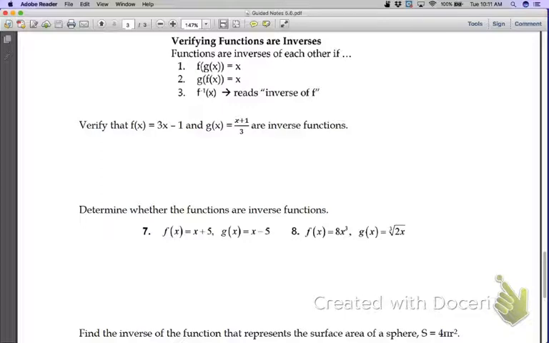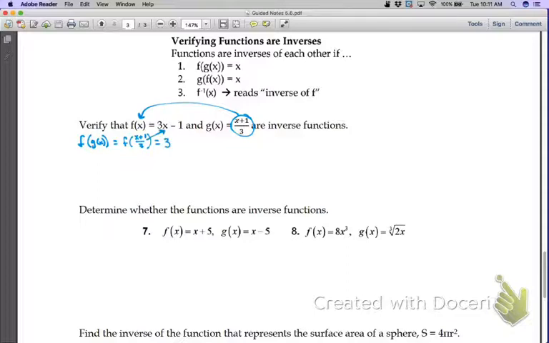So the first way here is if I go with f of g of x, I'm going to take this whole part here and plug it in here. So if I have f of (x plus 1) over 3, then that is just going to go in for my x value.